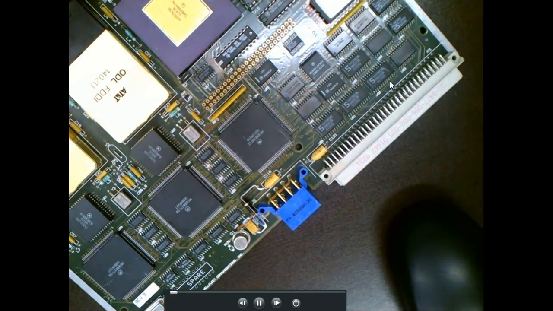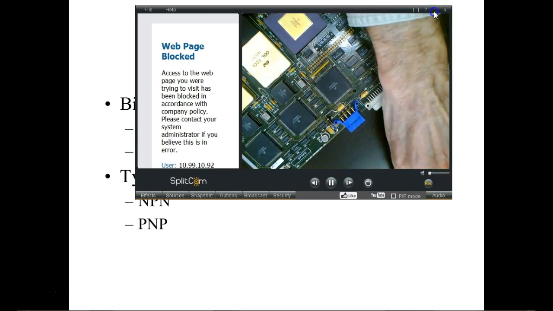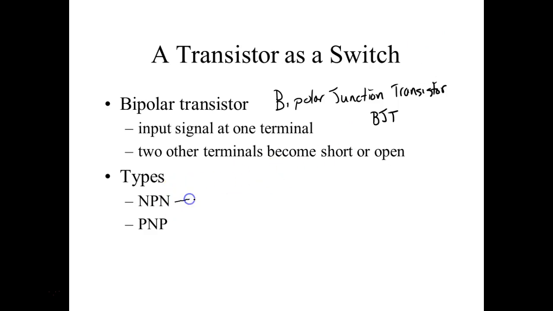We have 2 types of BJTs. One of them's called an NPN and the other a PNP. This is the one we're going to be dealing with in our class right here. And it's a 3-lead device. So we start off with this, and then we have this, and then one of the leads has an arrow pointing out of it.